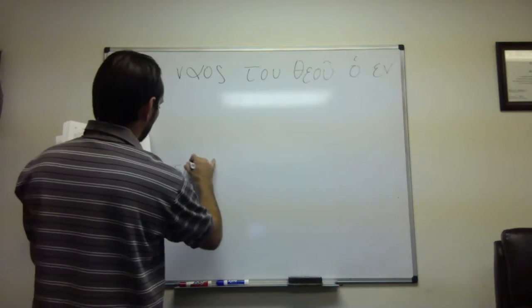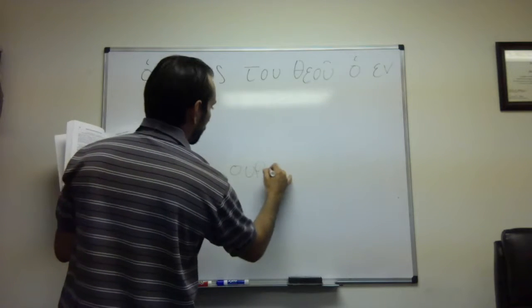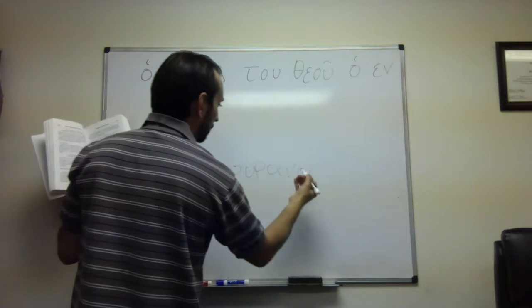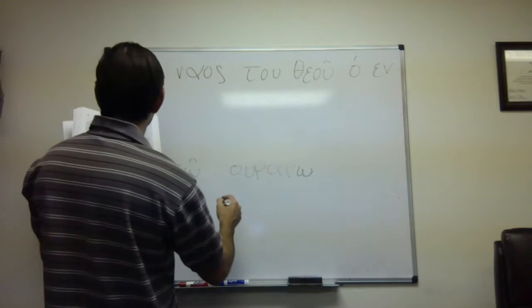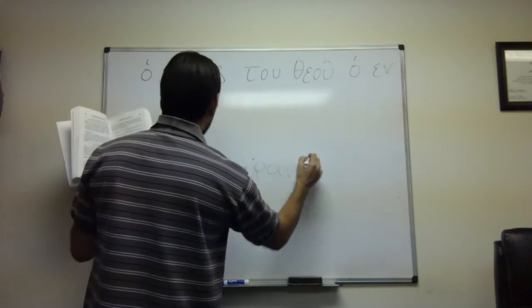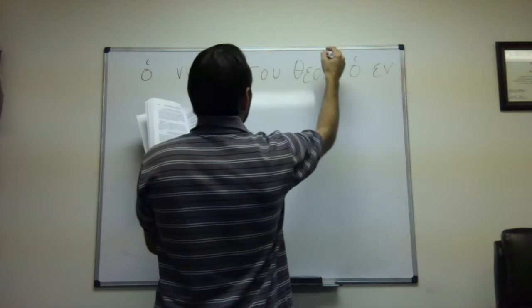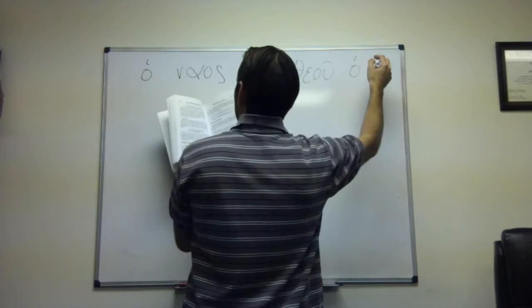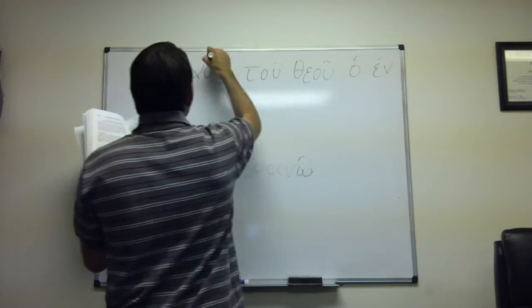To, I'm not doing all my accents, I'm trying to hurry here. Urano. Well, that marker's running out. Hopefully you can see that. I think you can. But you can look at your book on the top of page 68 and see it. Let me add some of my accent marks. That one there. This one. Okay.